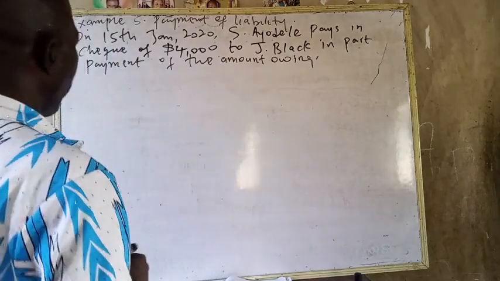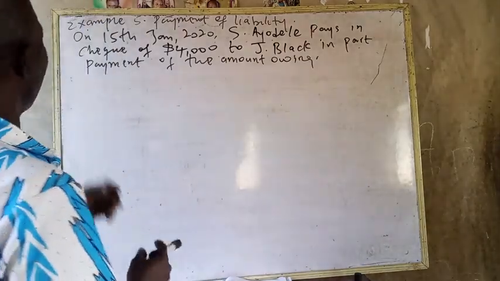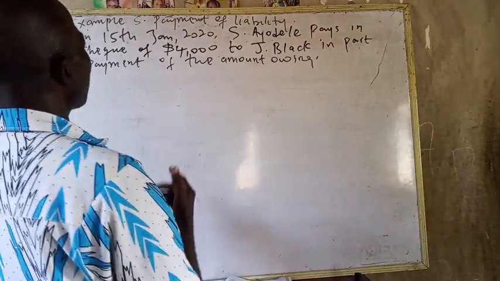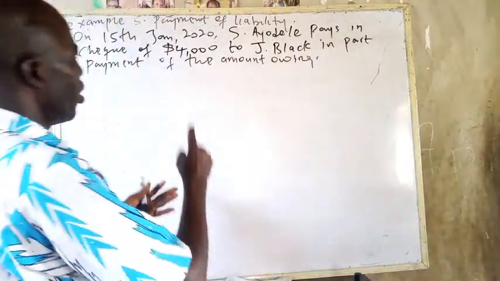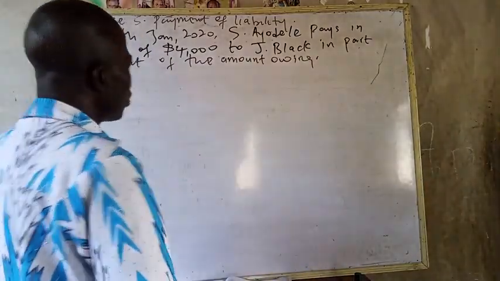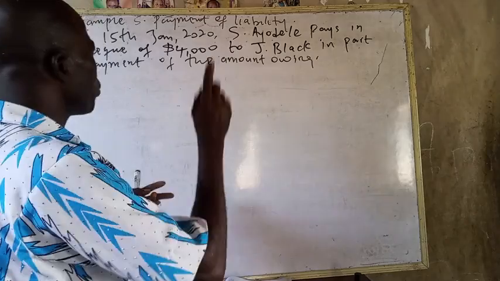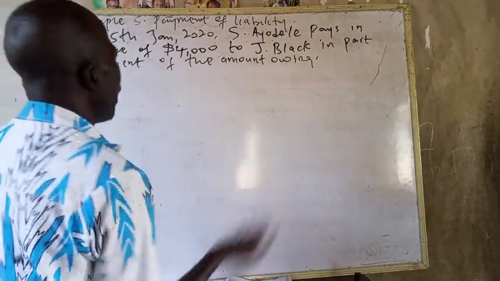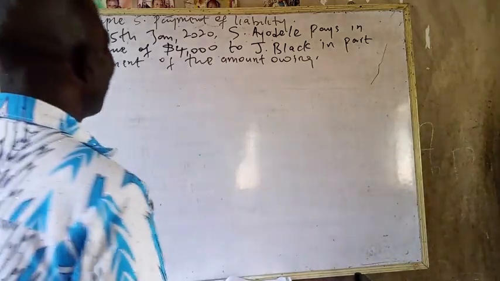Like I said in the beginning of the video, transactions involve buying of goods in cash or in credit, selling of goods in cash or in credit, then also payment for goods bought previously by cash or in bank.